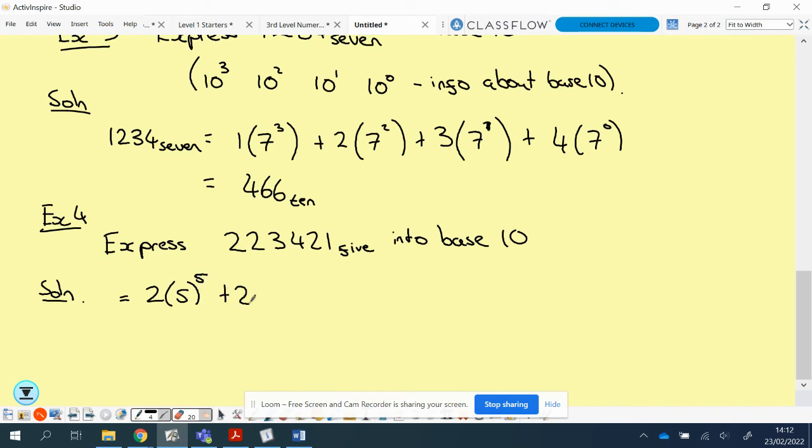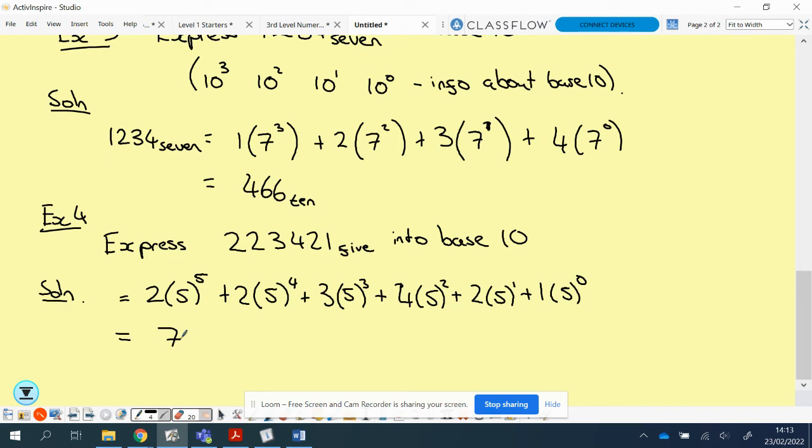Plus 2 lots of 5 to the power 4, plus 3 lots of 5 to the power 3, plus 4 lots of 5 squared, 2 lots of 5 to the power 1, plus 1 lot of 5 to the power 0. Okay, and what that would give us is 7,985, which means we're now back in base 10.